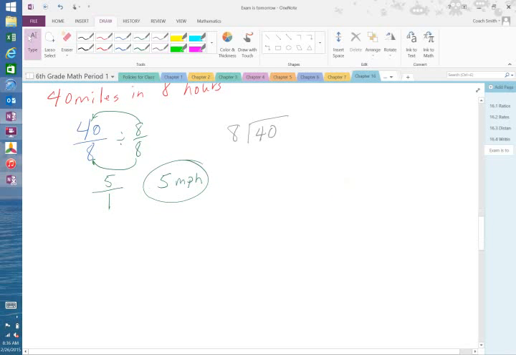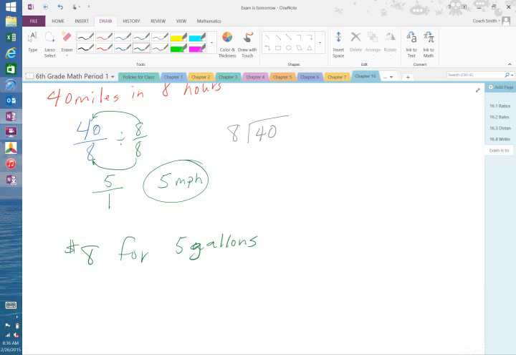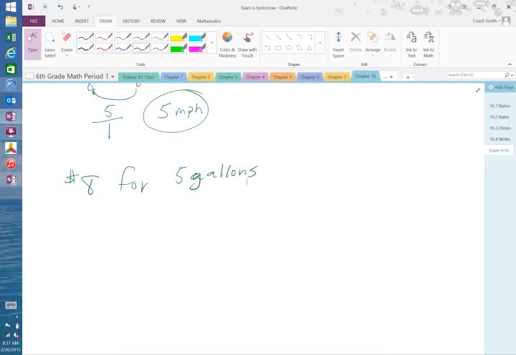Okay, so for example, if I had $8 for 5 gallons, and I wanted to find out then what 1 gallon cost.